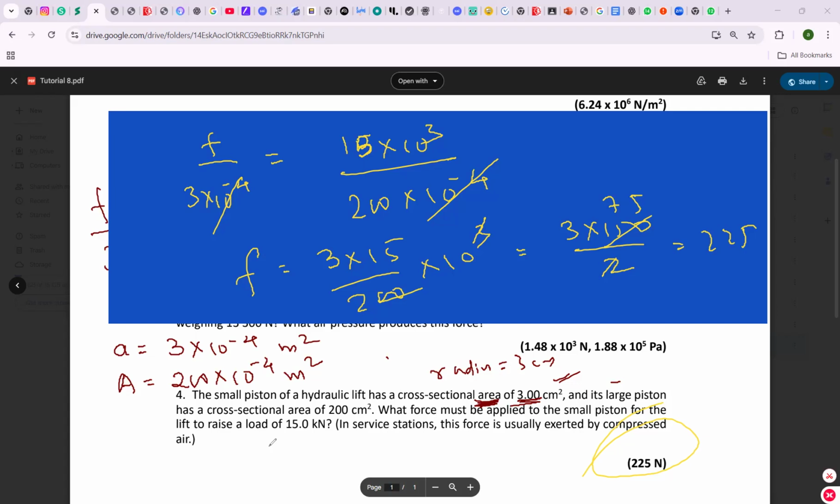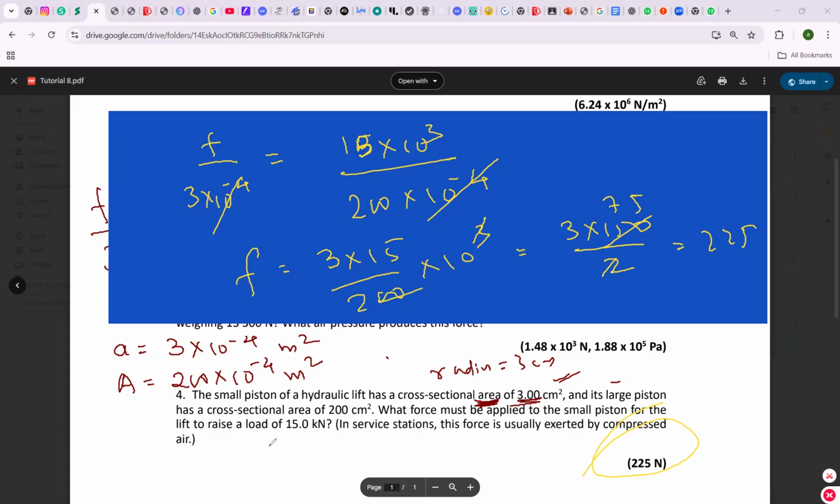When I remove the square, I get exactly the same answer, 225. You did an extra thing. You squared, that's why you were not getting the answer. Now I understood.